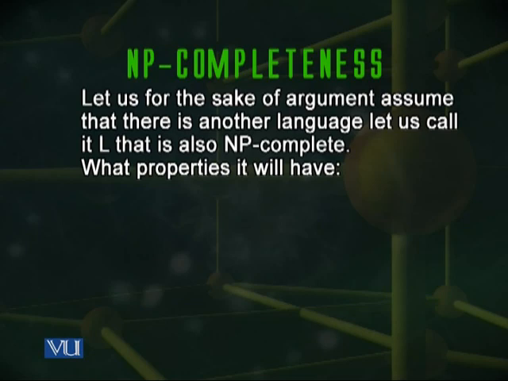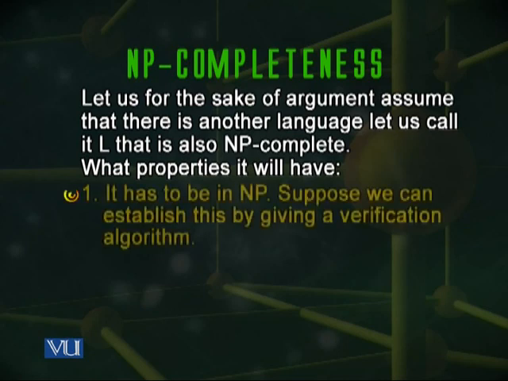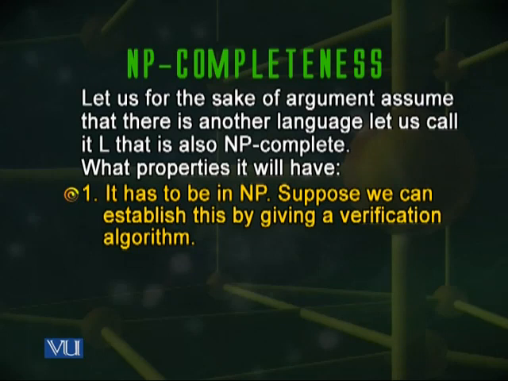What are the properties that this language will have? This language will have two properties. One, it has to be in NP itself. Suppose we can establish this by giving a verification algorithm for L and proving that it itself is in NP.